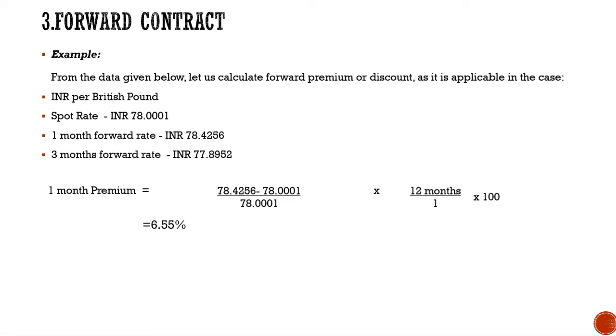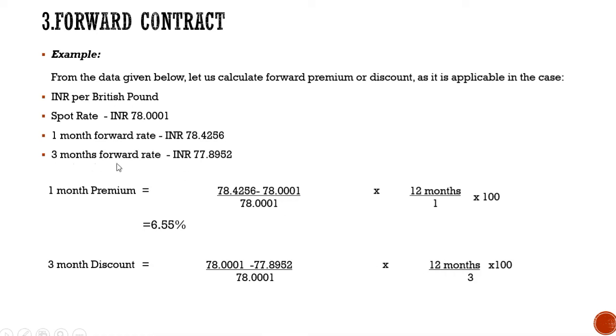Now let us compare the spot rate with the 3 months forward rate. Spot rate is 78.0001, however the 3 months forward rate is 77.8952. Here the spot rate is greater than the forward rate, so we will have a forward discount. In order to find the 3 months discount, we use the formula (spot rate minus forward rate) upon spot rate, into 12 divided by n.